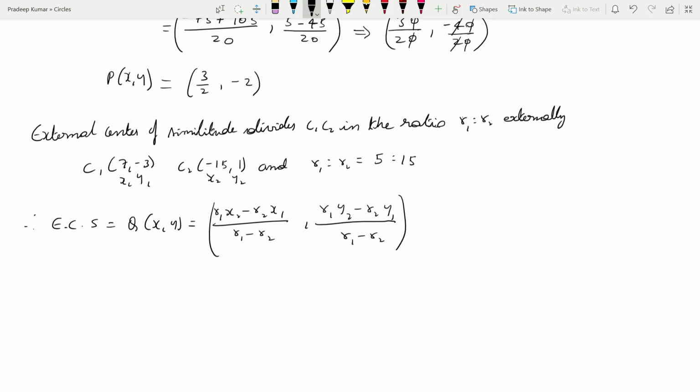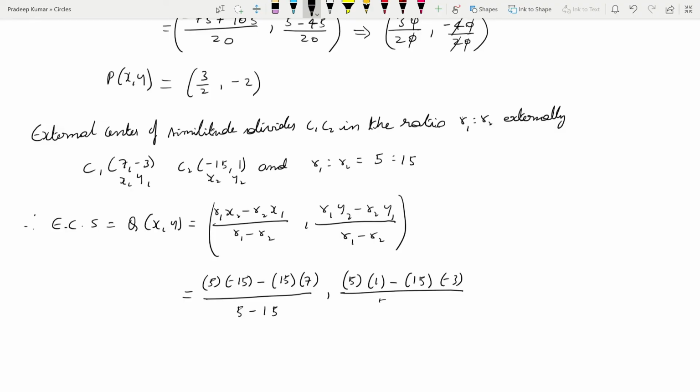So R1 is 5 and x2 is minus 15 and R2 is 15 and x1 is 7, whole by R1 is 5 and R2 is 15, whereas R1 is 5 and y2 is 1 and R2 is 15 and y1 is minus 3, whole by 5 minus 15. So let's try to solve this further.